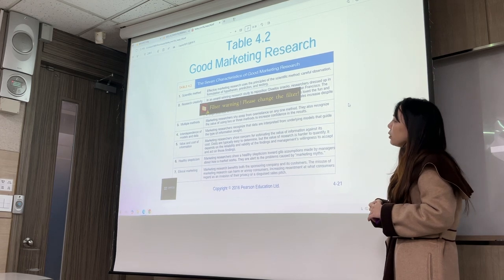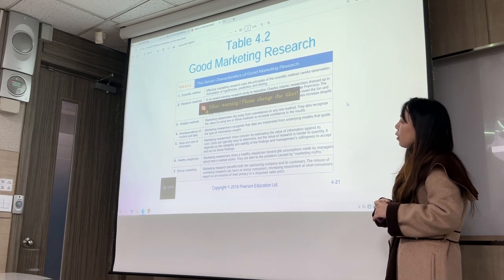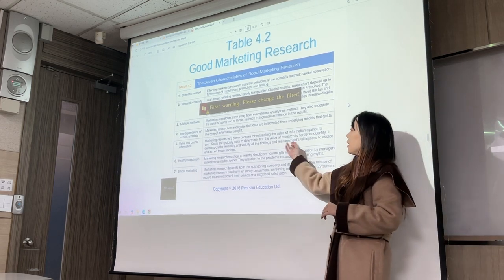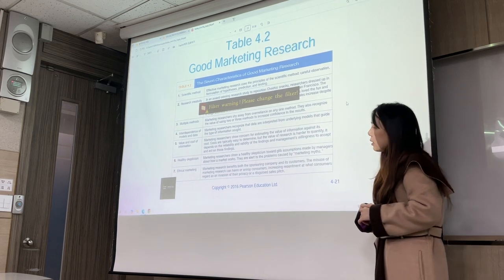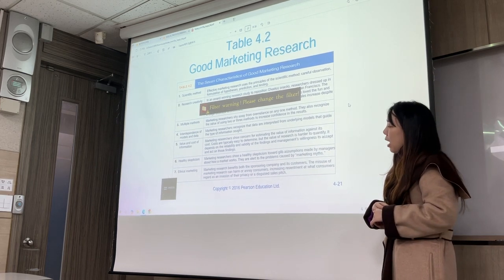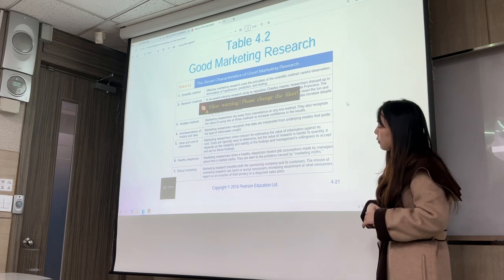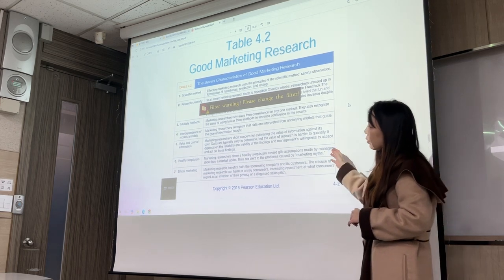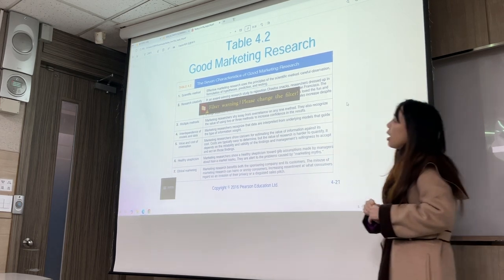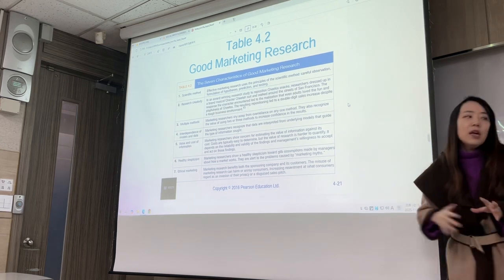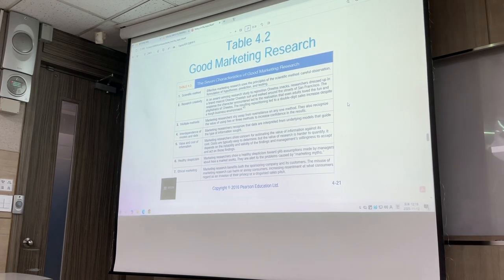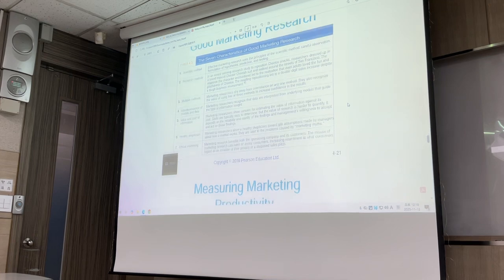It depends on the reliability and validity of the findings and the management's willingness to accept and act on those findings. And you also have to consider ethical issues, and also think about the helpful options. So these are the 7 factors. Following these factors, I picked 3 very good teams, and we also share these good researches.